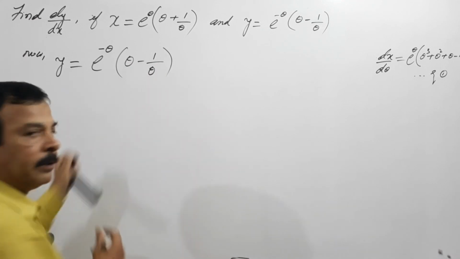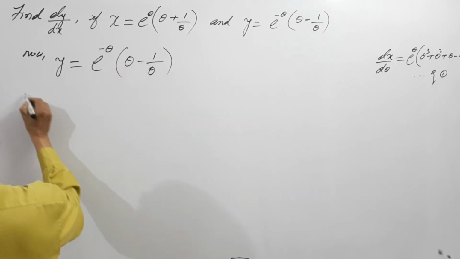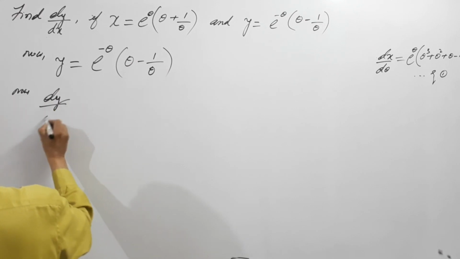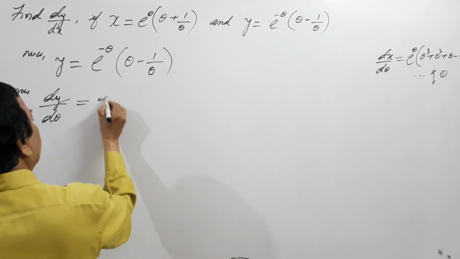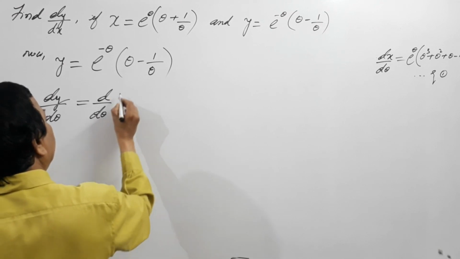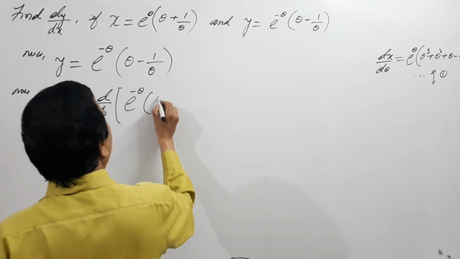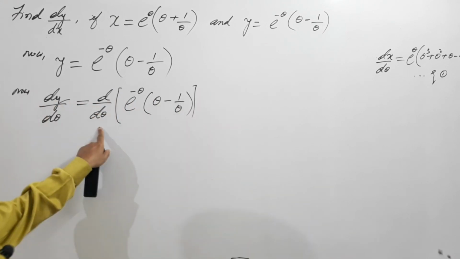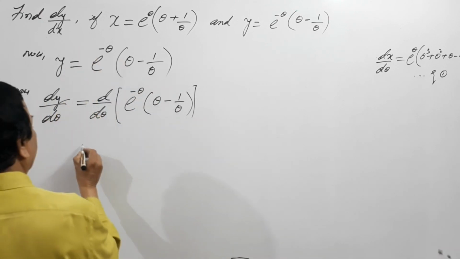We'll differentiate this. Once again, same old product rule. Differentiating with respect to theta, the moment you see d by d theta, understand it is differentiated with respect to theta itself. So dy by d theta equals d by d theta of e to the power of minus theta into theta minus 1 by theta. What happens here?